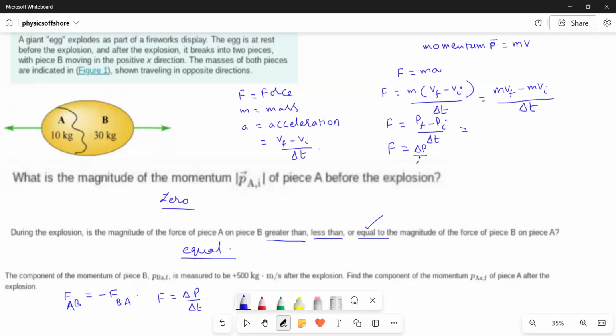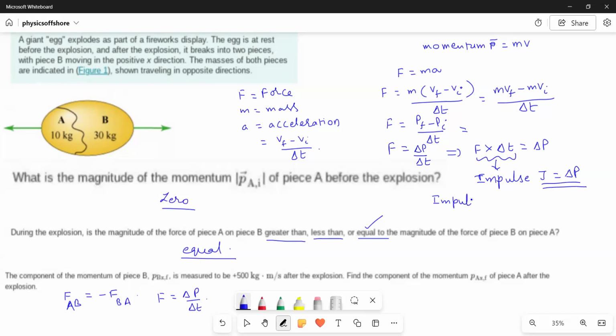F is equal to delta P by delta t. Or F times delta t is equal to delta P, where delta P is the change in momentum. And F times delta t is called impulse. Okay, impulse J is equal to delta P. This is called impulse momentum theorem.